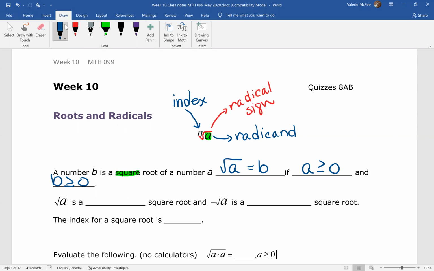So in order to talk about square roots, both the radicand and the answer have to be greater than or equal to 0. Now, if we're asking for the square root of a, we're asking for a positive square root. The negative square root of a is our negative square root. This positive root is also our principal root.